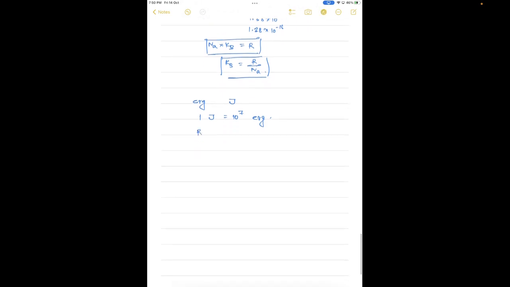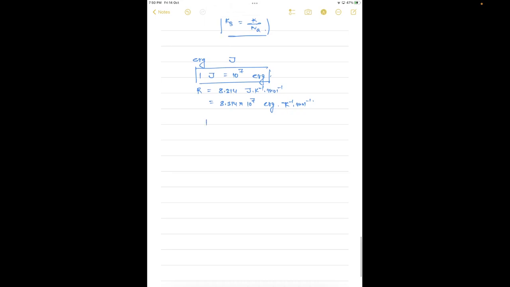That's why when you express R in SI unit, it is 8.314 joule Kelvin inverse mole inverse, but in CGS unit it is 8.314 times 10 to the power 7 erg Kelvin inverse mole inverse. So 1 joule is 10 to the power 7 erg, but 1 calorie equals 4.2 joule. When you need to convert joule to calorie or calorie to joule, you have to remember 1 calorie equals 4.2 joule.